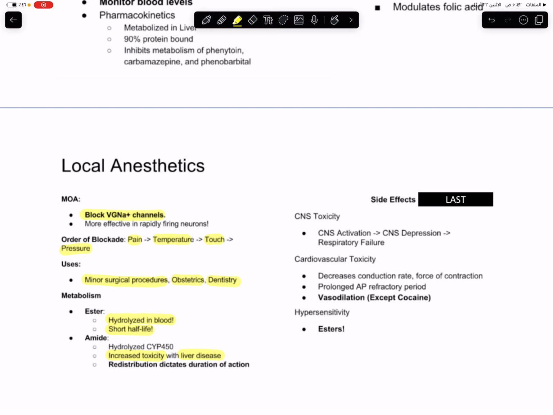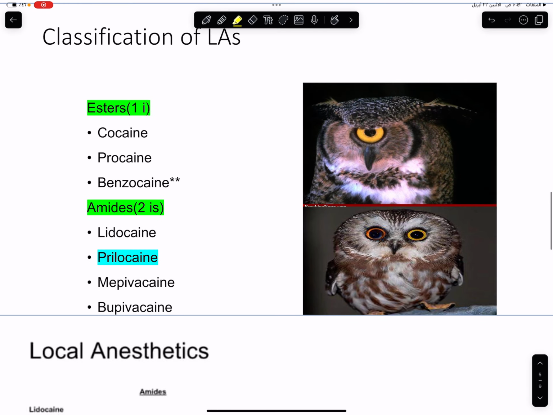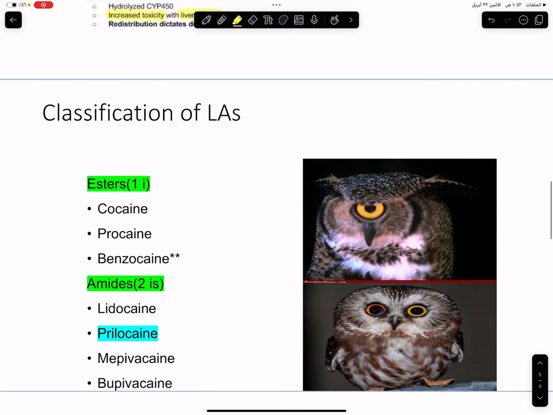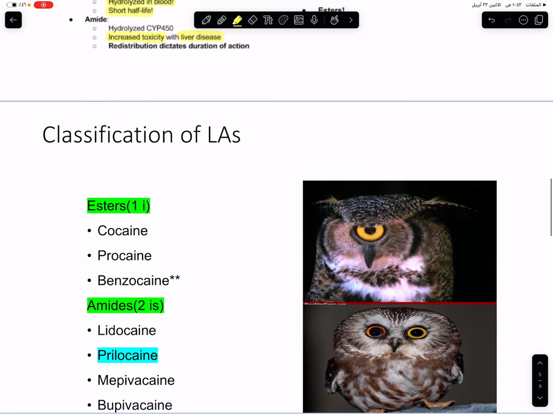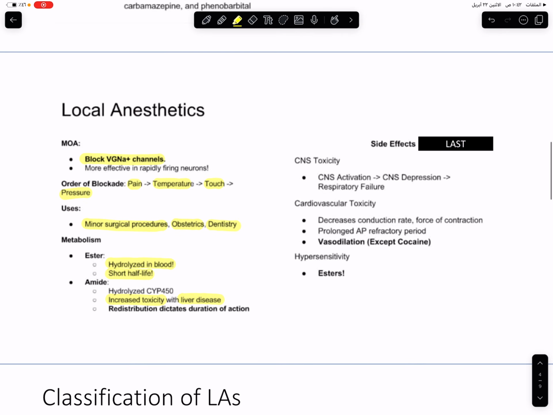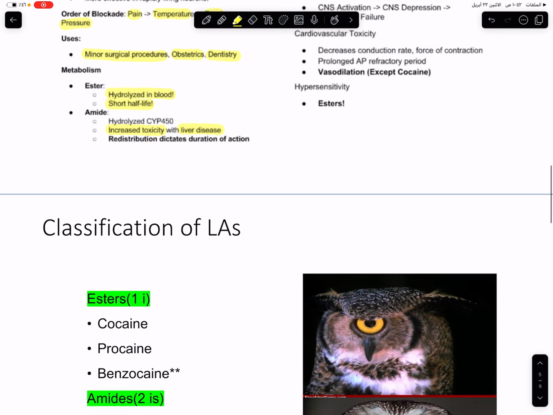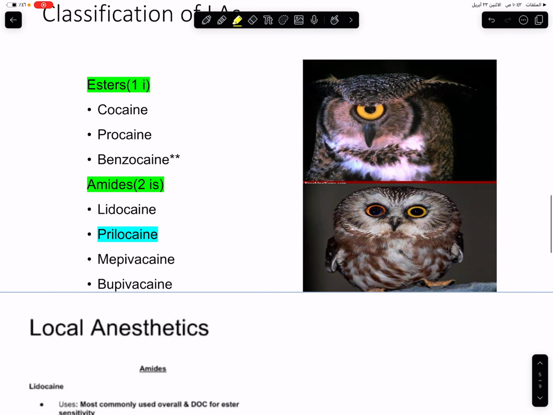different names. Here, how will you know that this is amide or this is ester? You don't have time to Google it or to open the book. So there is something very interesting. Esters, one eye, and amides, two eye. Like you see this bird, it has one eye, and this bird has two eye. So all the esters, they have one eye.